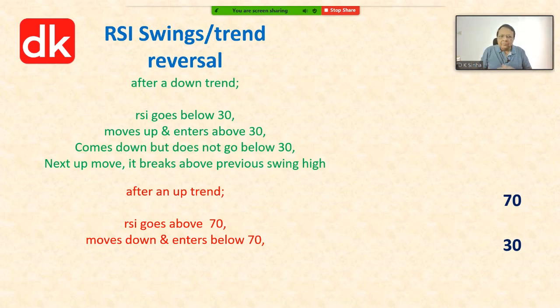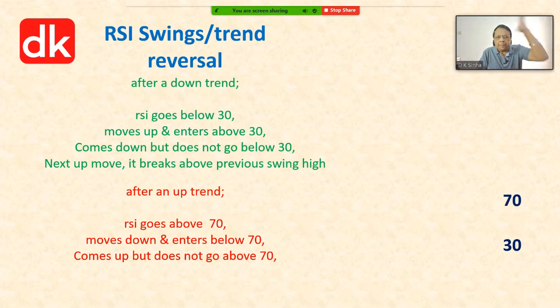It moves down and enters below the 70 zone on RSI, and then shows a pullback. Then RSI again goes up, but this time RSI fails to go past 70. Got it? What does it indicate? Up to this point, it is very, very clear that it is indicating the loss of momentum on the upside, diminishing momentum on the upside.